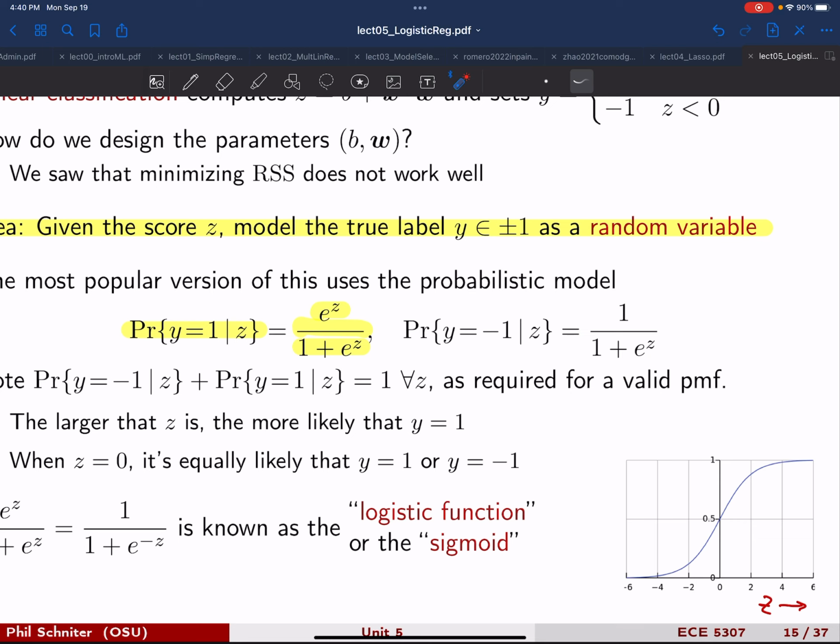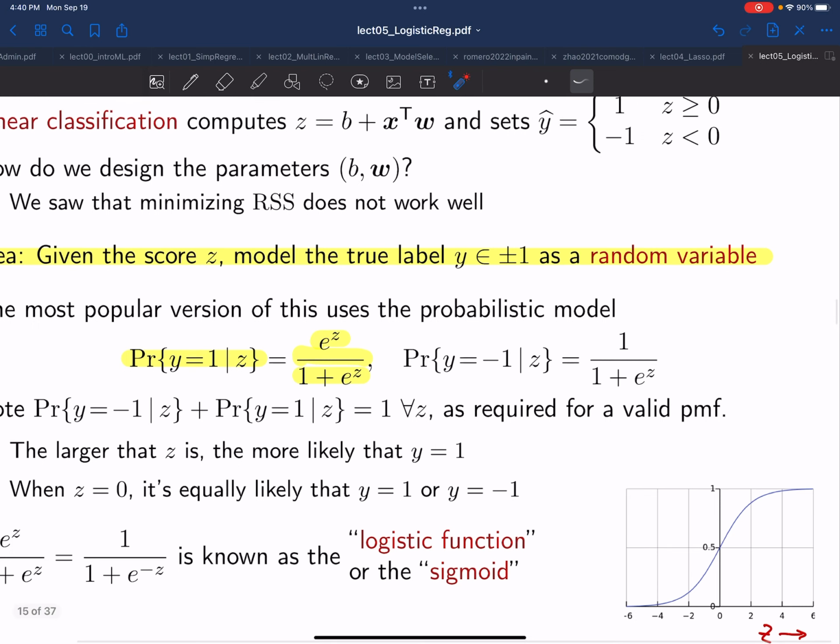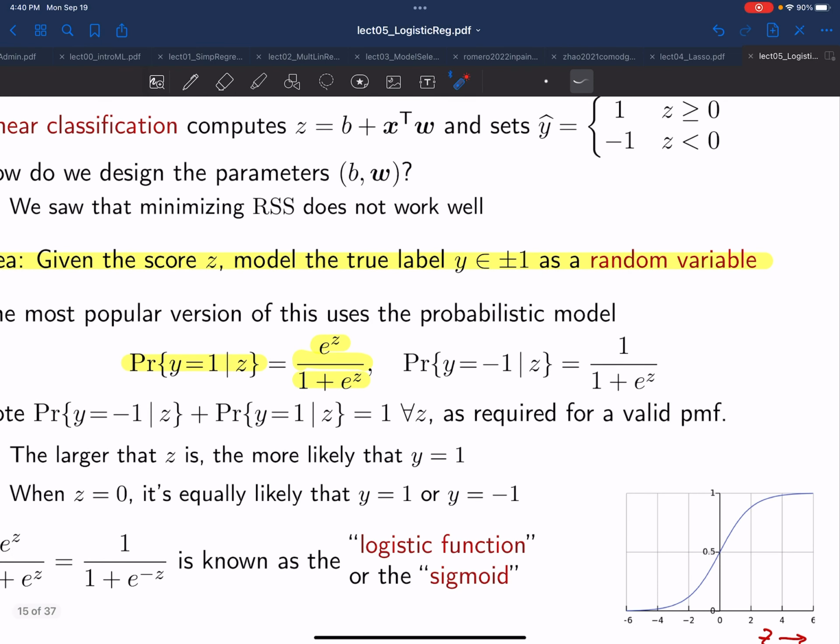So again, we're thinking now of the true y as a random variable. That's why you can think about it probabilistically. And we're thinking about it as some function of this intermediate z. So we have our intermediate z that is a function of our features and our true weights and intercept.